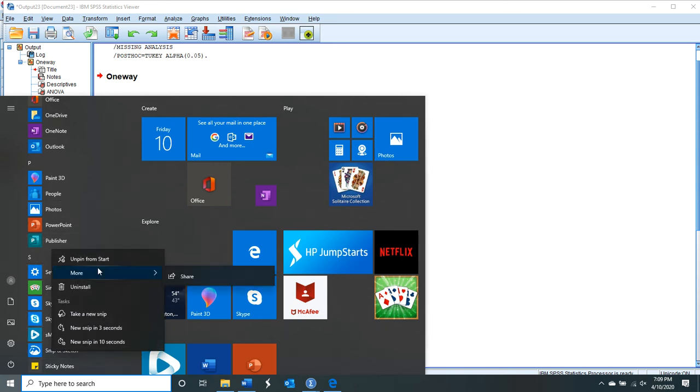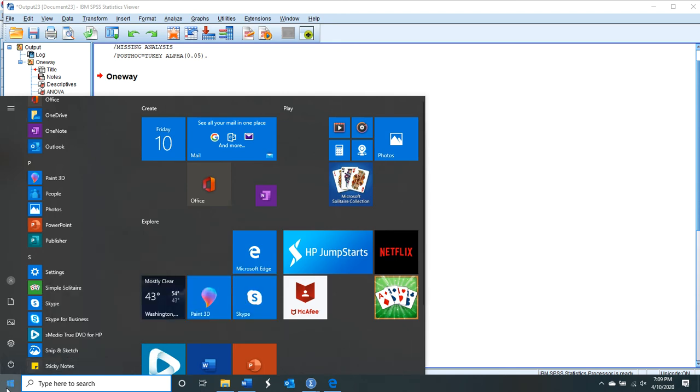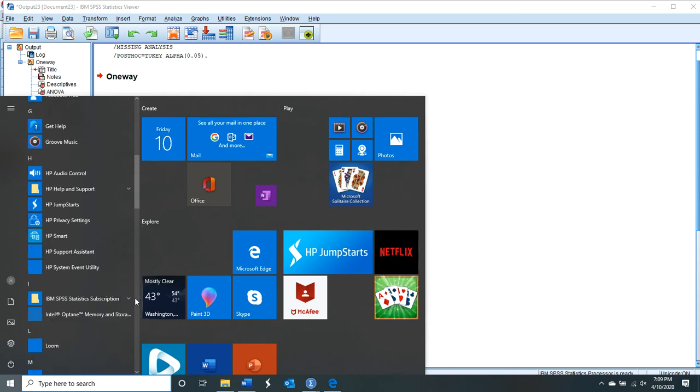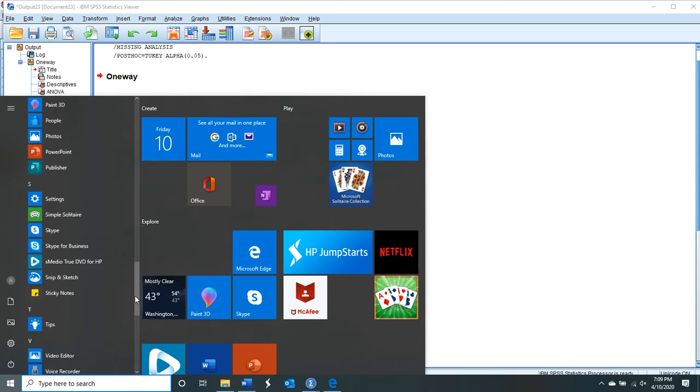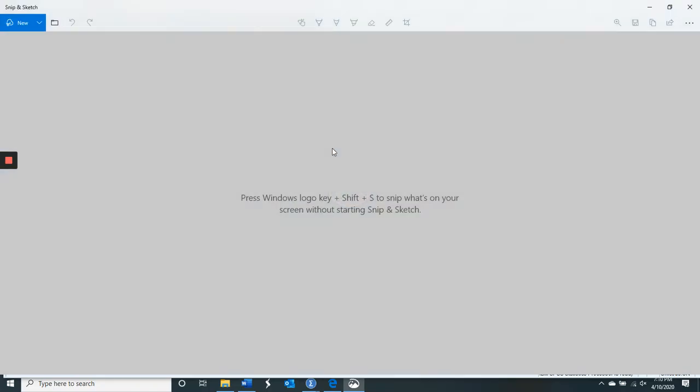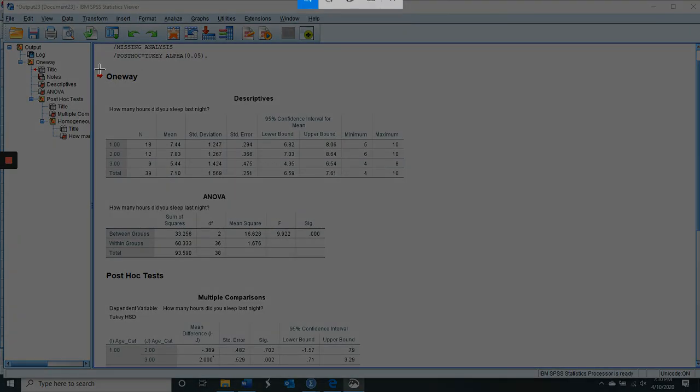It's a bit annoying. Oh, it says pin from the start. I don't really see it on my start, do I? Sorry about this. I wonder if I can pin it down here. If I move it, it refuses to. Stupid thing.